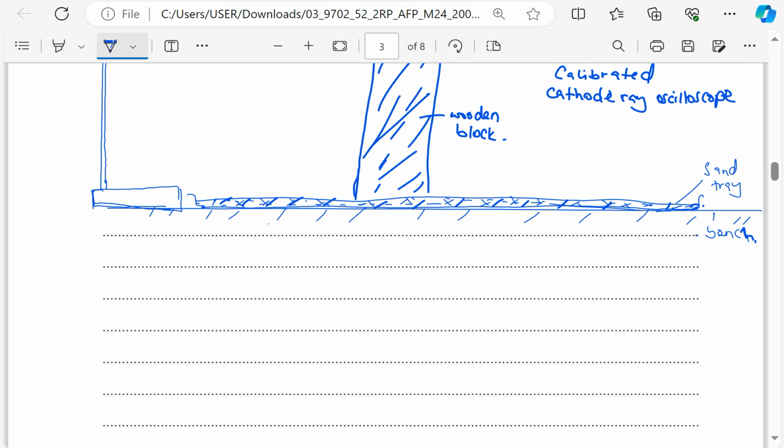So I'll simply say in this experiment, L is the independent variable and F is the dependent.